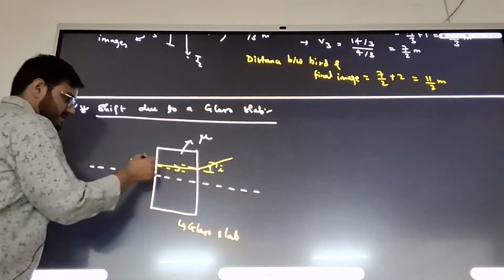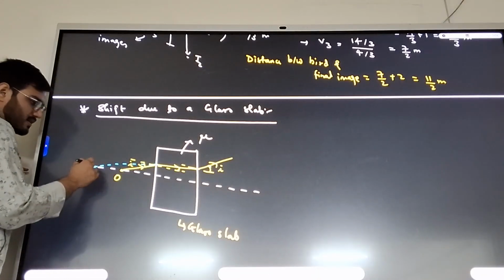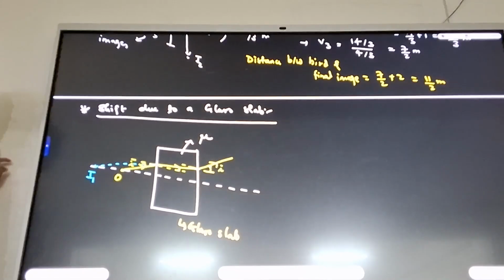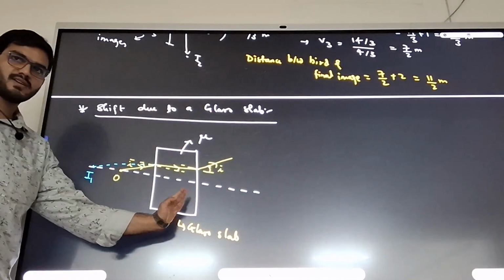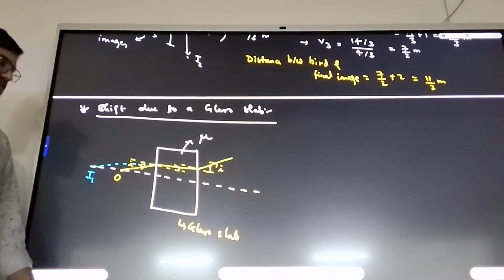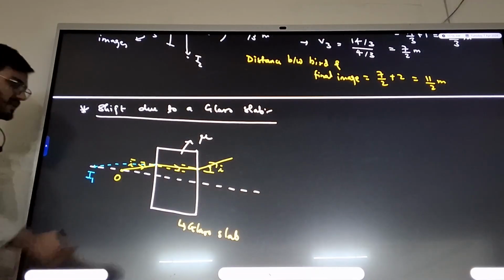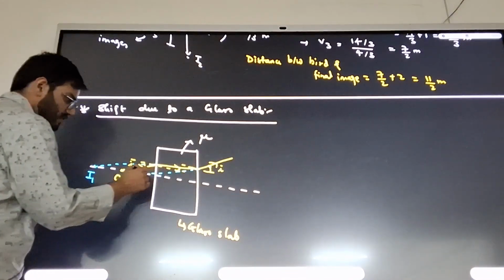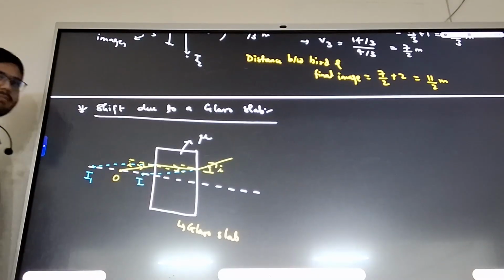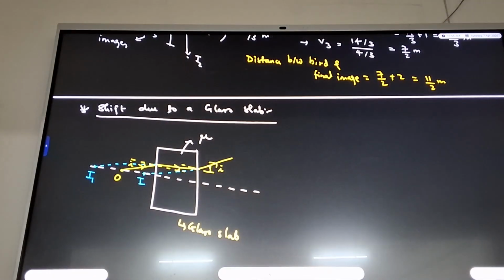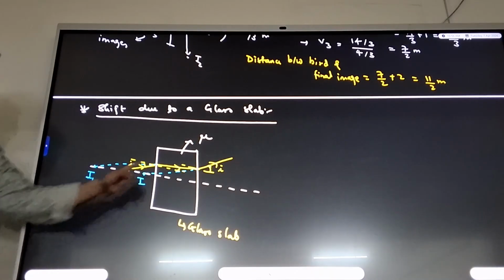Let's say I trace this ray back. This will act like a virtual image for the first surface. What about the second surface? It will act like a virtual object for the second surface. And then if I retrace them back, this will create a real image, somewhere here. I1 will act like a virtual object for this surface.